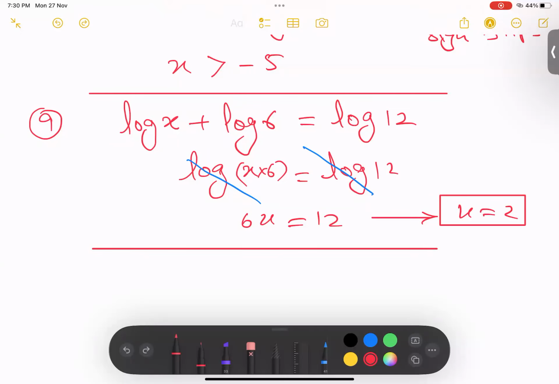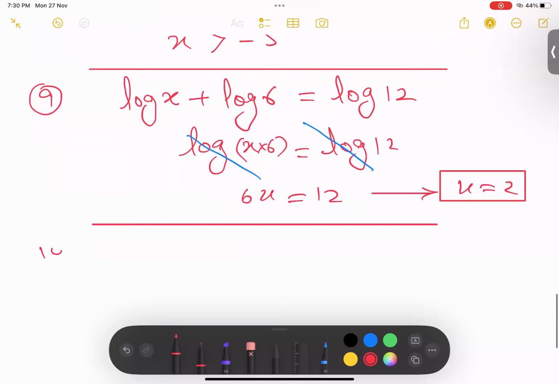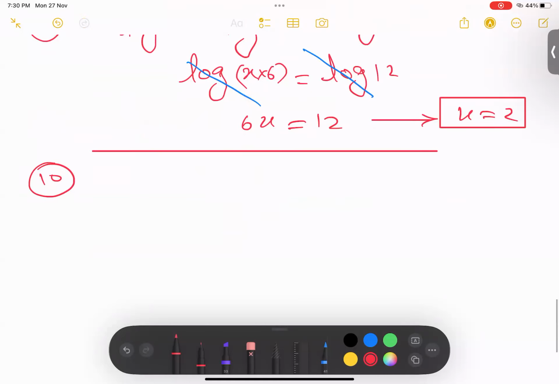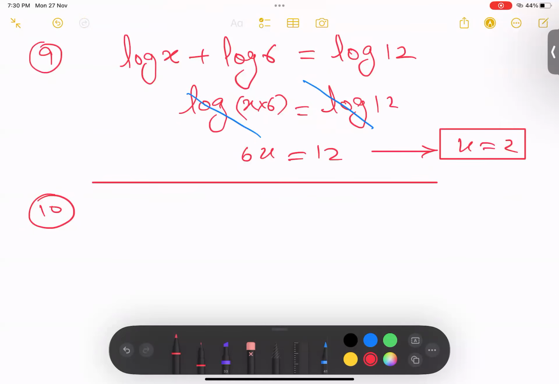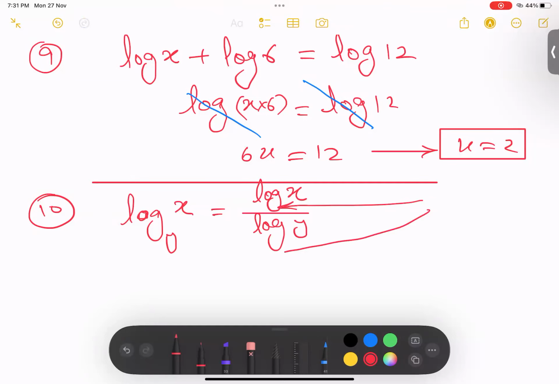And one more property is left which I want to discuss, a very important property. I actually missed it; I should have discussed it in the third or fourth place. After the logarithm, look here, if I have log x and log y, I can write a fraction with one log up and one log down, and this x will come as an index, this y will become an index, and this base will be the same.